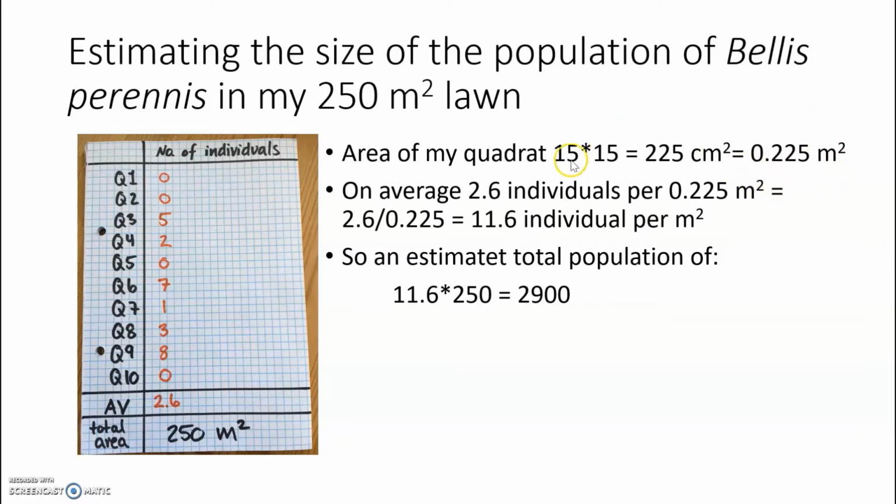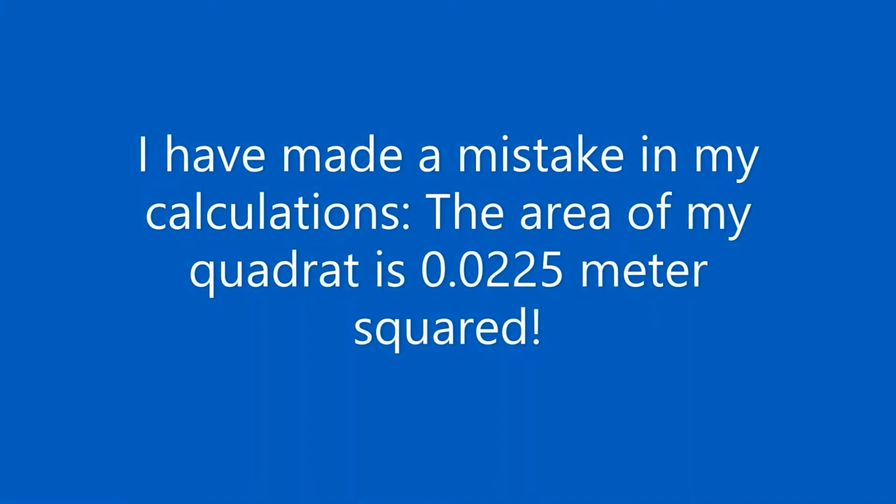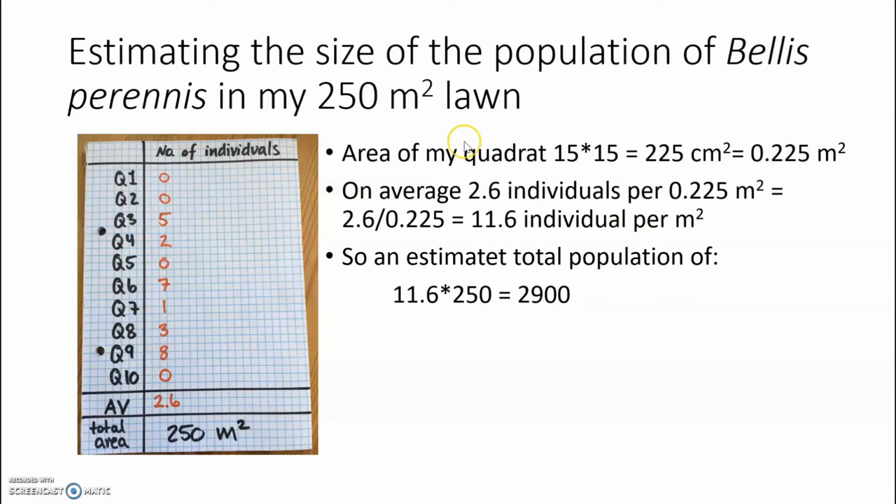Since the quadrat is 15 times 15 centimeters, that is a total of 225 square centimeters, the same as 0.225 meters squared. This also means that I have on average 2.6 individuals per 0.225 meters squared. That is the same as 11.6 individuals per square meter.